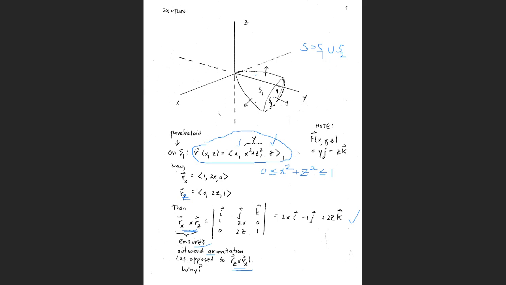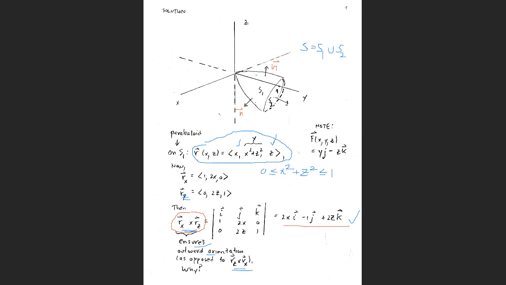Outward orientation, remember, is when our normal vectors point outside the surface. The cross product Rx cross Rz in that order, which equals 2x i minus 1 j plus 2z k, is going to ensure outward orientation.